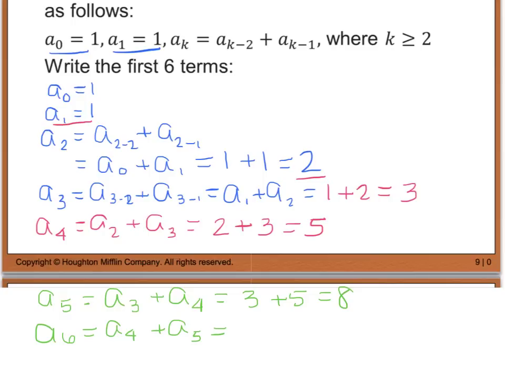We said a sub 4 was equal to 5, plus 8 is going to give me 13. So my first 7 terms are going to be the 1 here, 1 here, 2, 3, 5, 8, and 13.